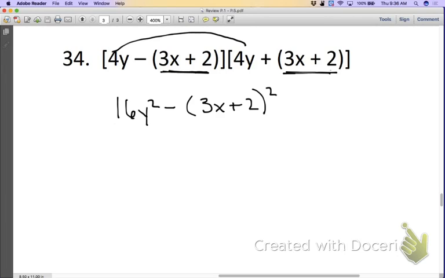That's going to make it a heck of a lot simpler, and then I'm going to worry about what 3x plus 2 squared is. Then I'm going to worry about it being a minus and then having 9x squared. Then I'm going to multiply those two and then multiply it by 2. So 3x times 2 is 6x times 2 is 12x. And then I'm going to square the last term and have plus 4.